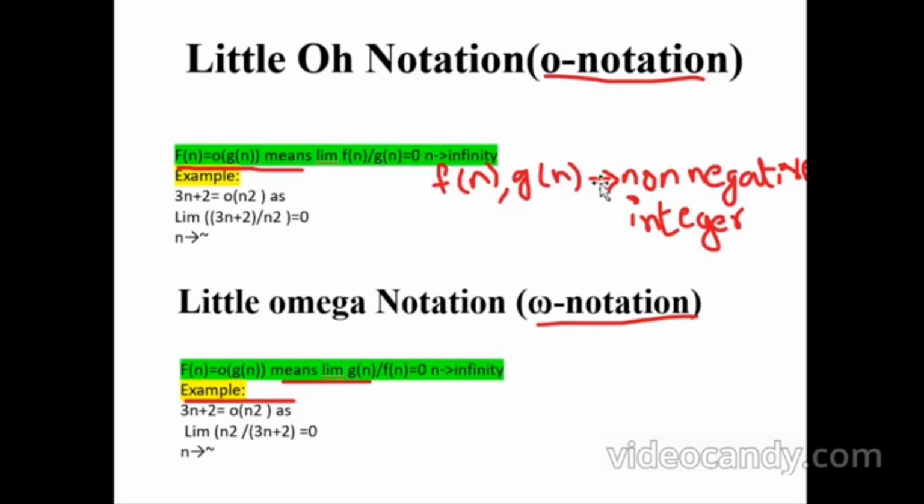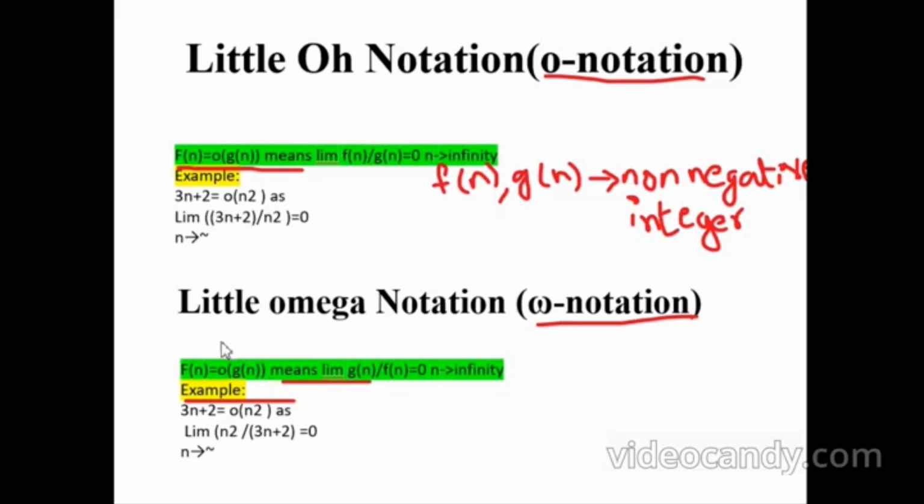In this, f of n and g of n are non-negative integers. We'll see one example for the little o notation, that is f of n is 3n plus 2 and g of n value is n square. So limit n tends to infinity, 3n plus 2 means f of n by n square means g of n is 0.